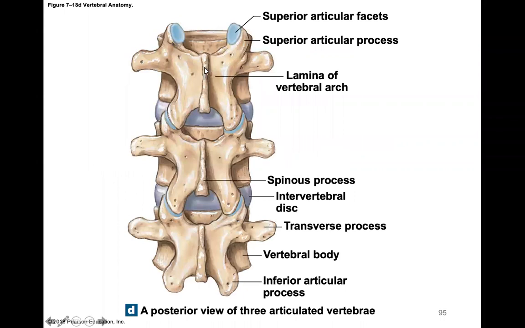So looking here, we can see these intervertebral discs between each of the vertebrae. These discs are very important because as the weight gets pushed down this spinal column, it's these discs that are buffering between the bone-on-bone interaction.